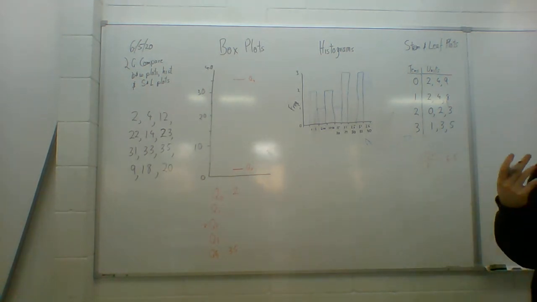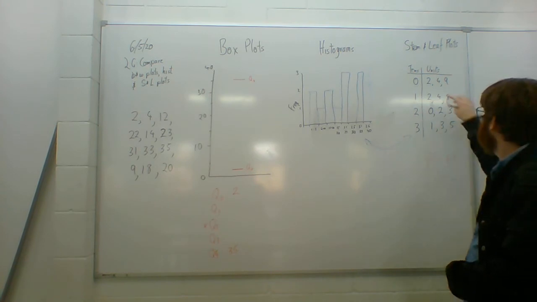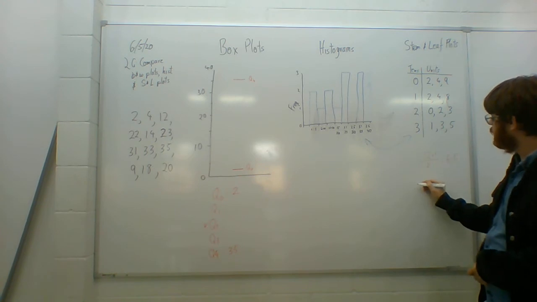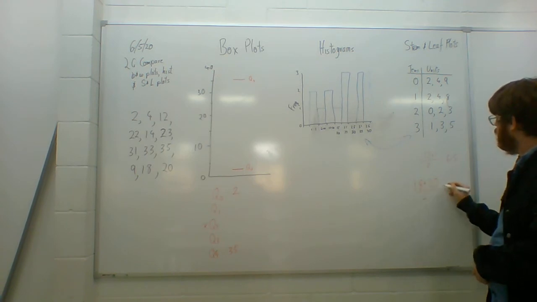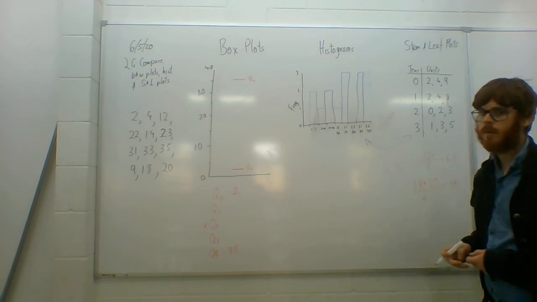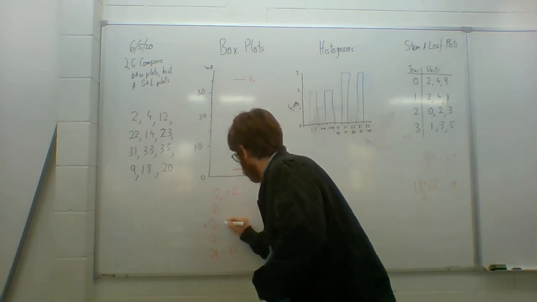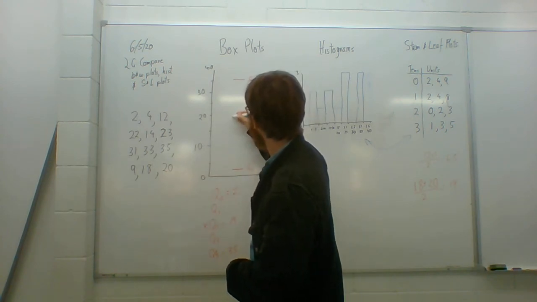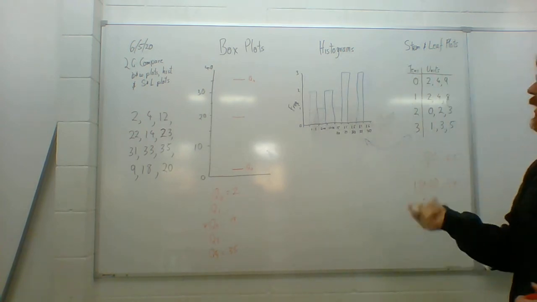So our median is halfway between the 6th number and the 7th number. That's halfway between 18 and 20, which is 19. So our Q2 is 19.